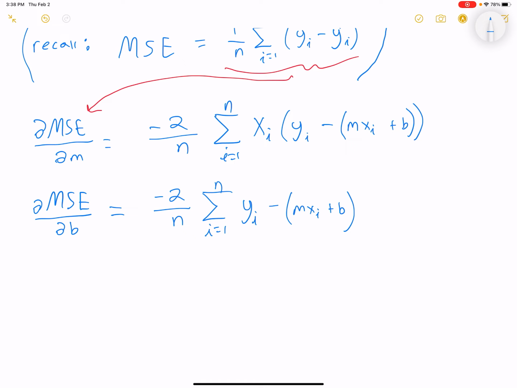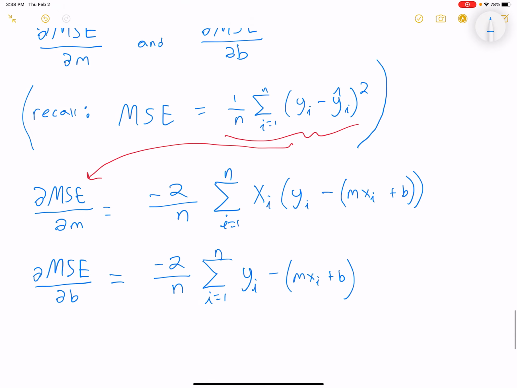But you don't need to know the calculus rules in this class, so it's not a big deal. Please don't memorize this or worry about these details. Just know that that happens to be what the derivative is. You don't need to know exactly what the values are, because if you have a different loss function, your derivative would be different.